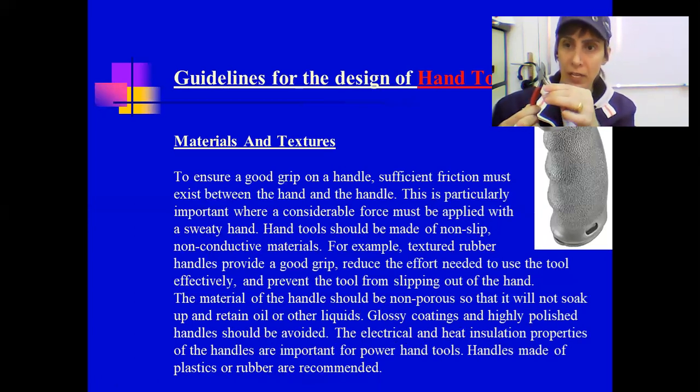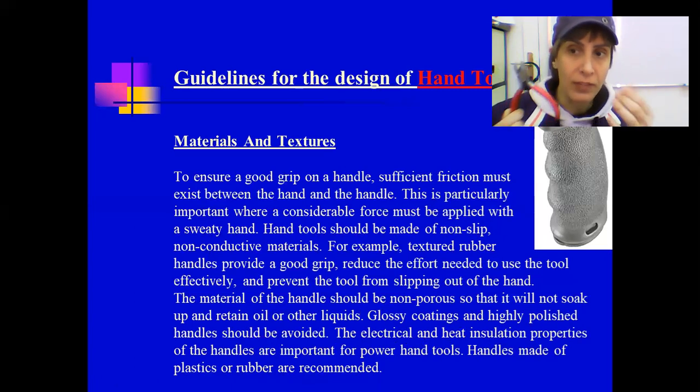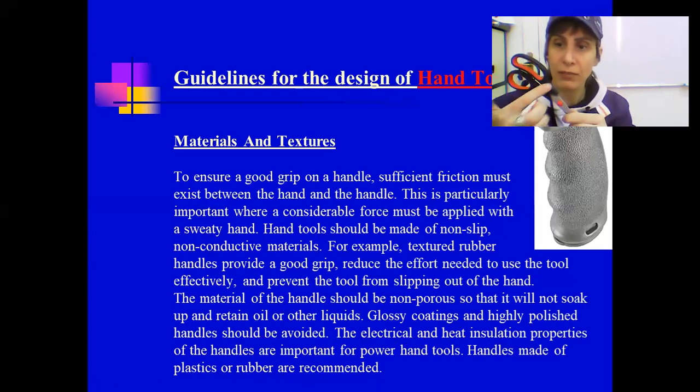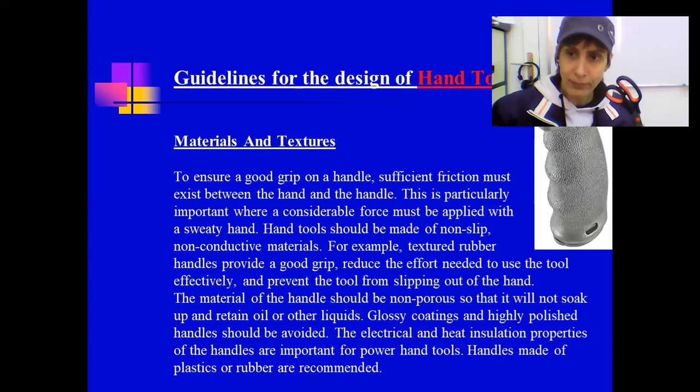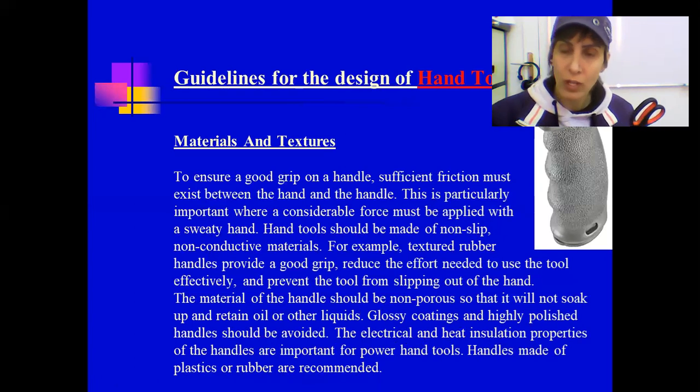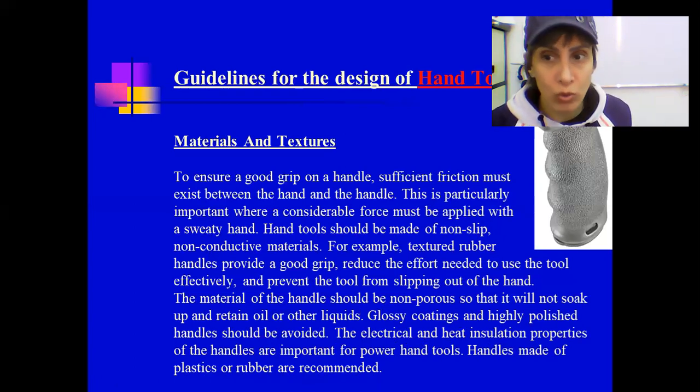This is not rubber, it's a plastic, but a different plastic type. So this is rubber. Here we have plastic and rubber together. It's always used again and again because it's a good design choice for most hand tools.